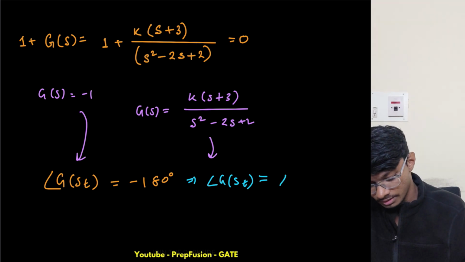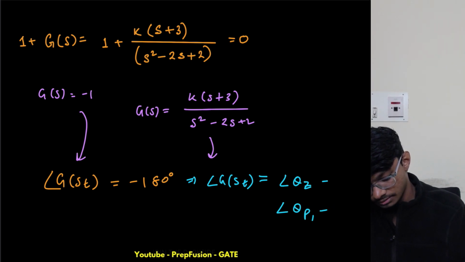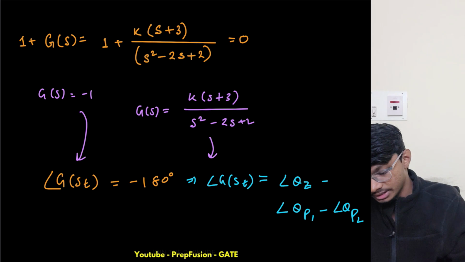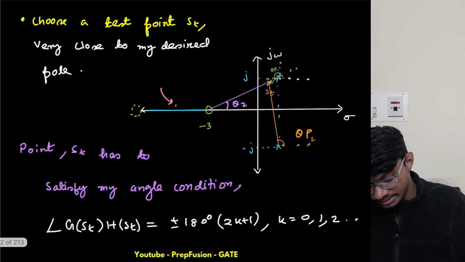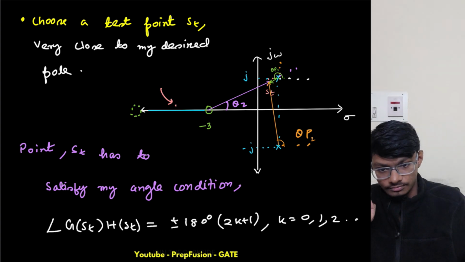So this will be plus theta z and minus theta p1 and minus theta p2. This is exactly the formula I will use. I will add the angle due to this zero and subtract the angles due to these poles.